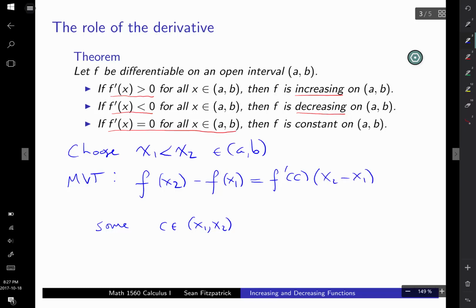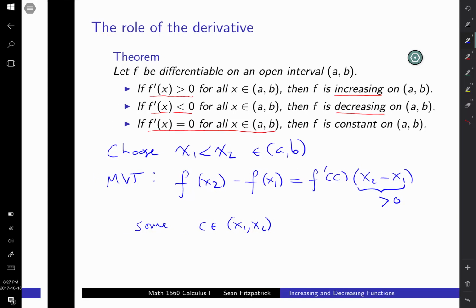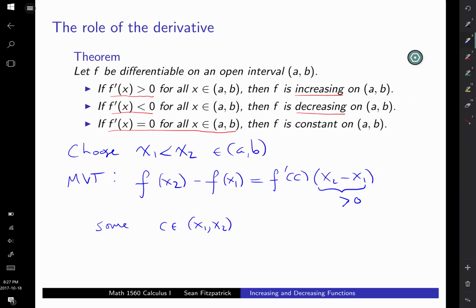And we chose x1 to be less than x2, right? So this part here is always positive. Well, now we can see what has to happen. If f prime of x is bigger than 0, then f prime of c is bigger than 0, right?